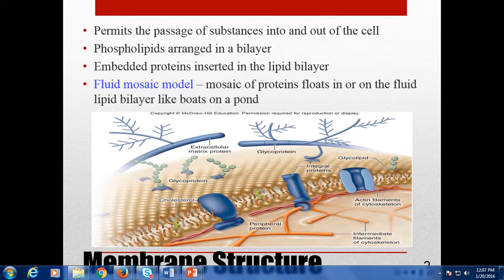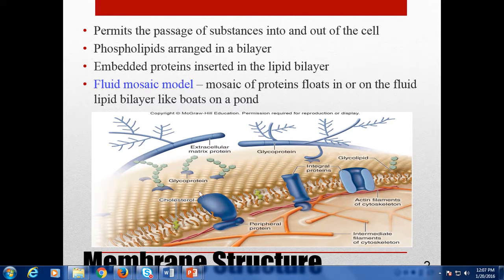Now, the fluid mosaic model, which we see here in this diagram, has two components. It has lipids and it has proteins. Now, the lipids are arranged in a bilayer. Most plasma membrane lipids are phospholipids, which spontaneously arrange themselves in a bilayer.